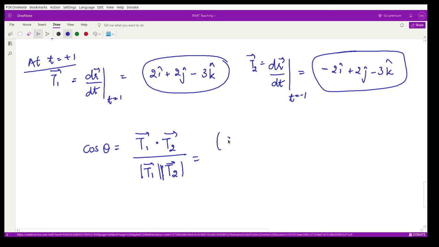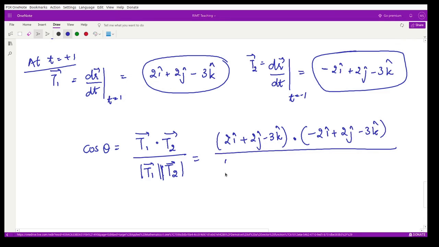So that means 2i cap plus 2j cap minus 3k cap, the first vector, dot product with the second vector, minus 2i cap plus 2j cap minus 3k cap, divided by the magnitude of the first, that means square root of 2 square, that is 4, plus 2 square, that is 4, plus minus 3 whole square, that is 9. And the magnitude of the second would again be minus 2 whole square, that is 4, 2 square, that is 4, minus 3 whole square, that is 9.